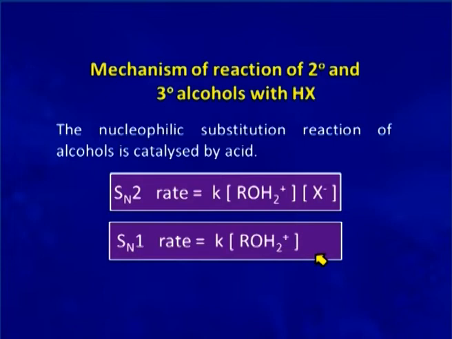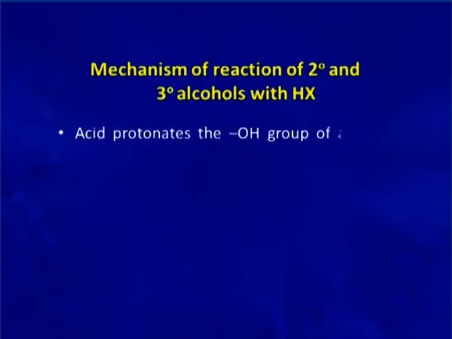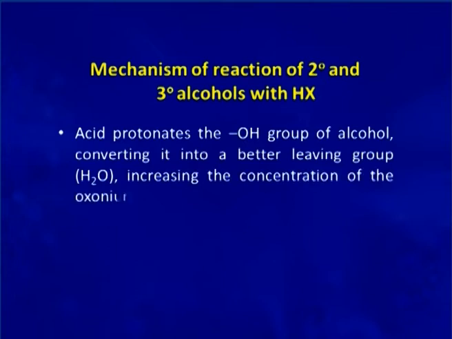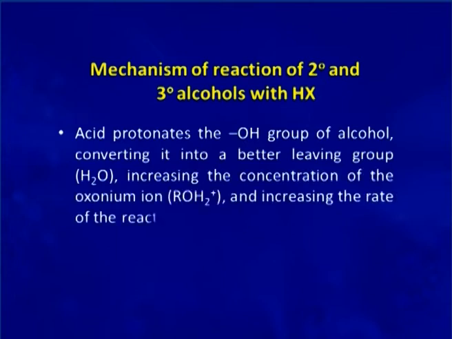So, in other words, we can say that acid protonates the hydroxy group of alcohol, converts it into a better leaving group and increases the concentration of oxonium ion. Now, the more the oxonium ion, the higher will be the rate of reaction.